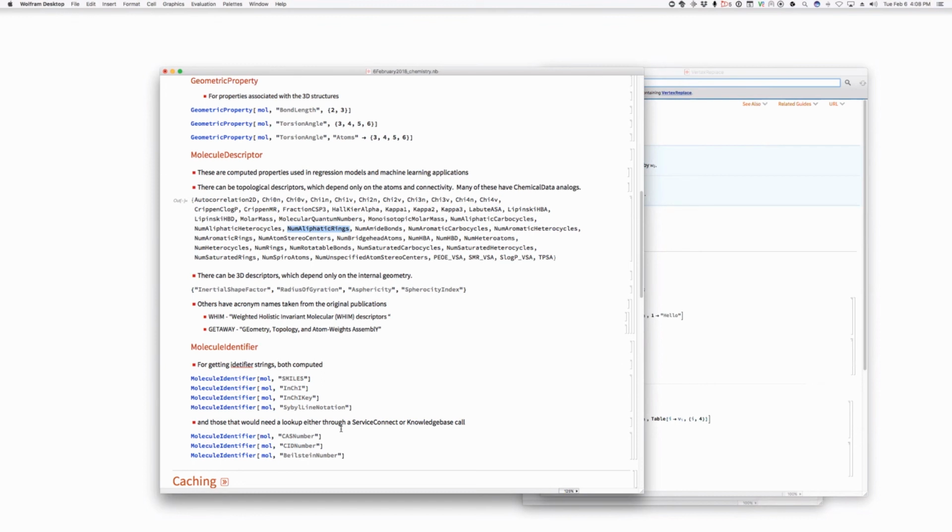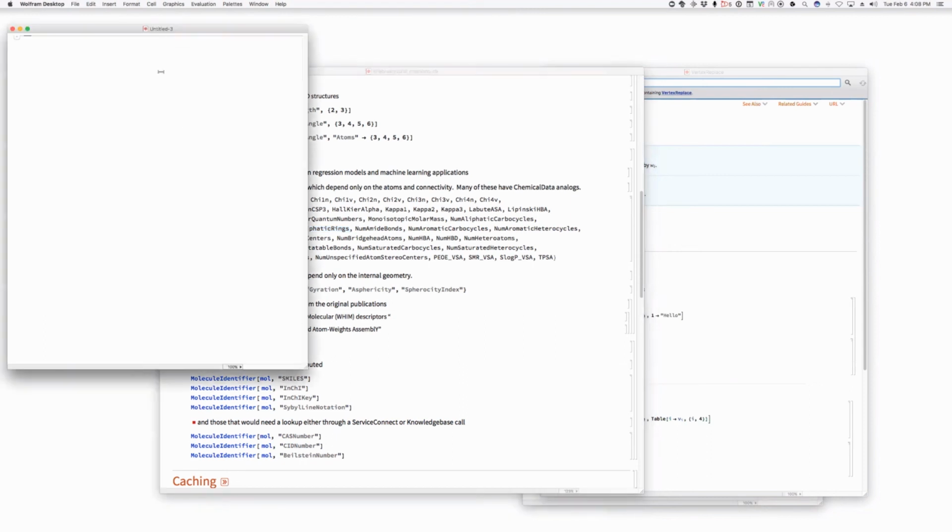Just like you can say the benzene entity, if I say something like benzene molar mass, it'll just work. I don't see why that doesn't work on a custom molecule as well.